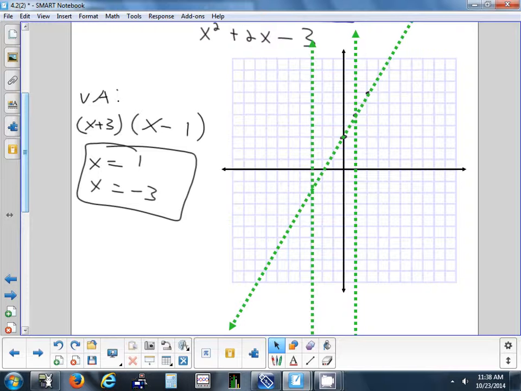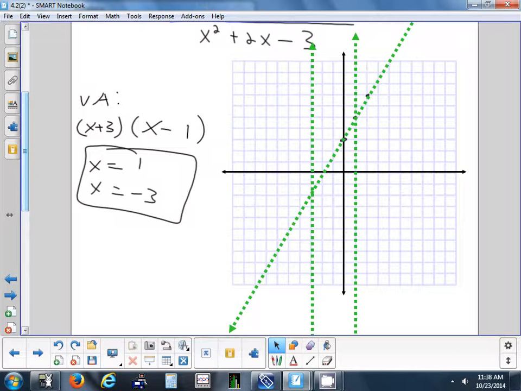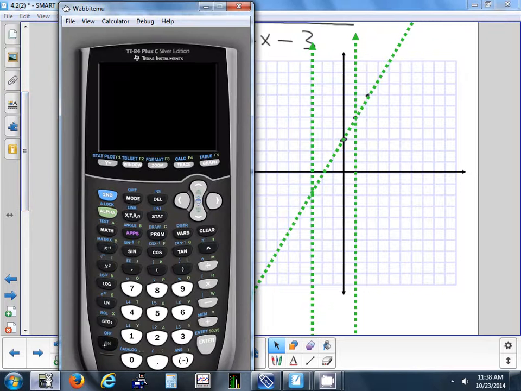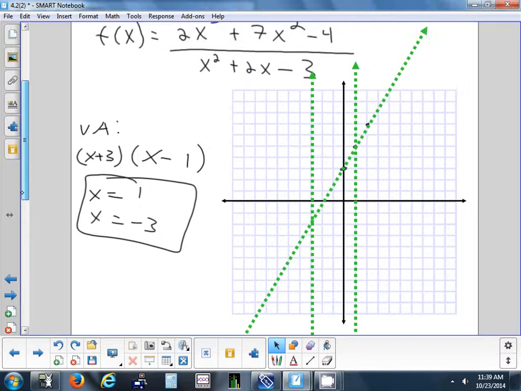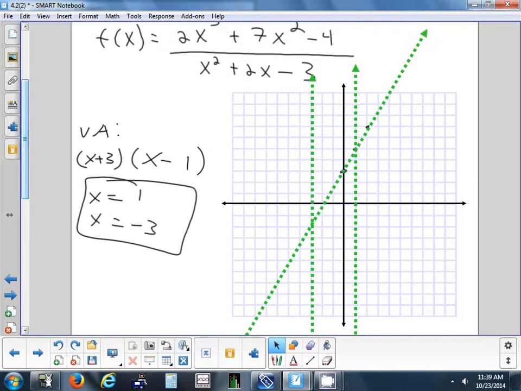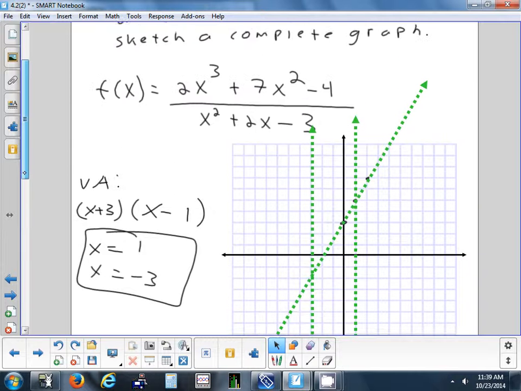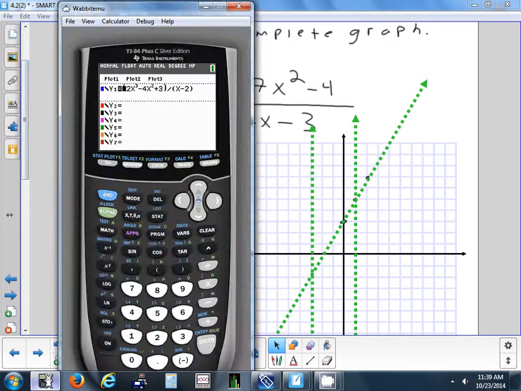Let's start on the left-hand side. What would be a good value to check that's just to the left of negative 3? Cole, what would be a good value to check that's to the left of negative 3? Let's type that. Do I have my function typed in?